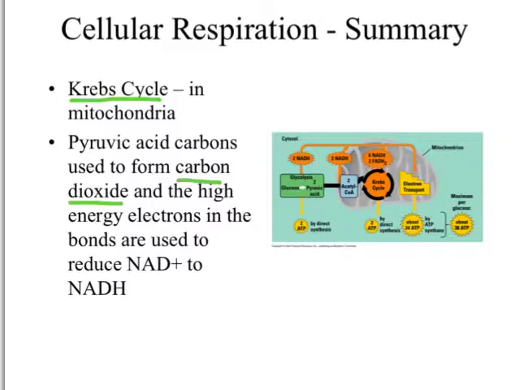And as we break up the pyruvic acid into carbon dioxide, we release lots of energy in the form of electrons, and those electrons are captured by NAD plus to make NADH. So in the Krebs cycle, we get just 2 ATP molecules, but we get lots of electrons trapped in the form of NADH and FADH2. So that is the Krebs cycle.